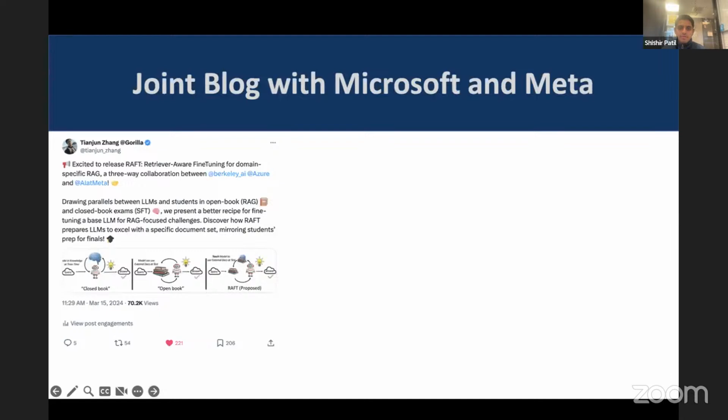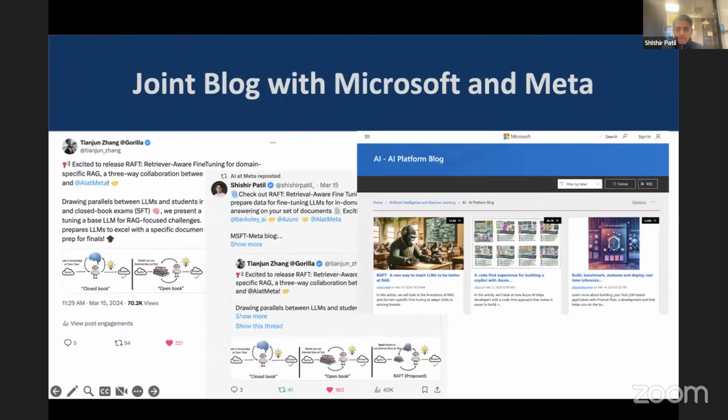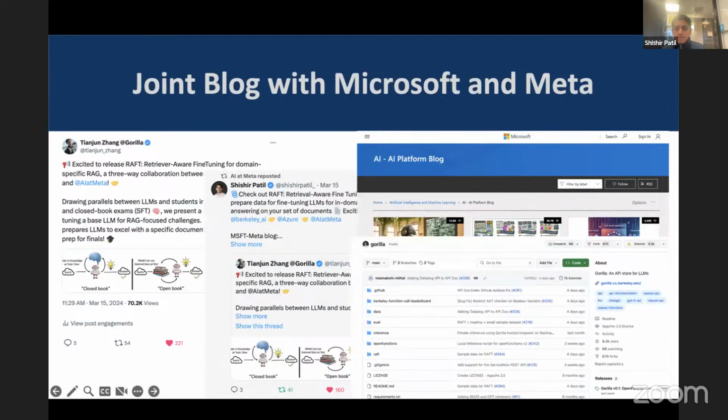And so RAFT we released recently. This was joint release with Microsoft and Meta. So you can actually use this. So you can use our repository to come up with a self-instruct training data set. So RAFT is a recipe to come up with the fine-tuning data set, right? You're still doing perplexity loss just on the answers and not on the questions.